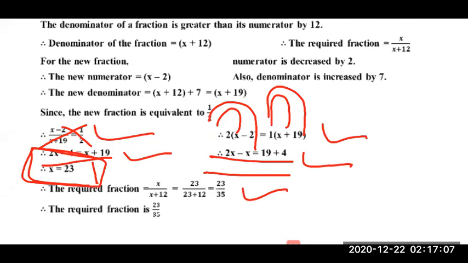Sorry, it is 35. 23 upon 35 is our required fraction which they ask for finding it. So the required fraction is 23 upon 35.